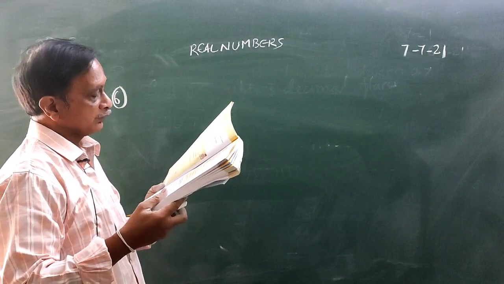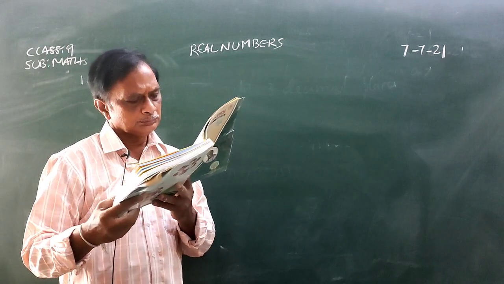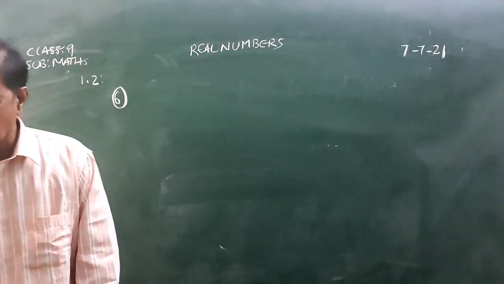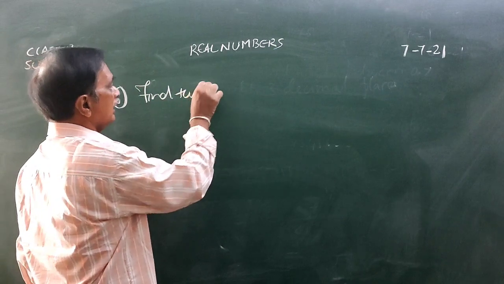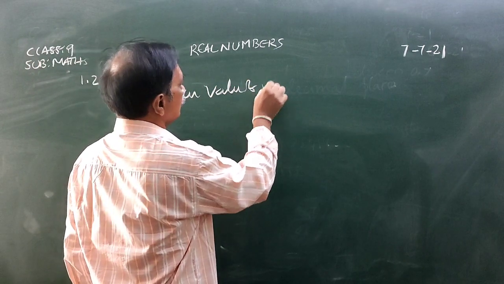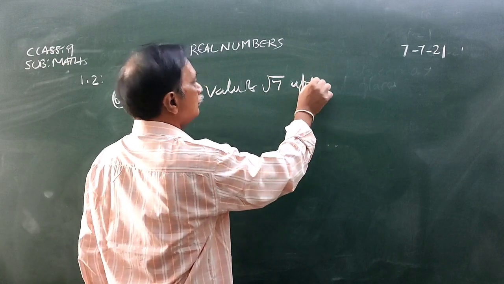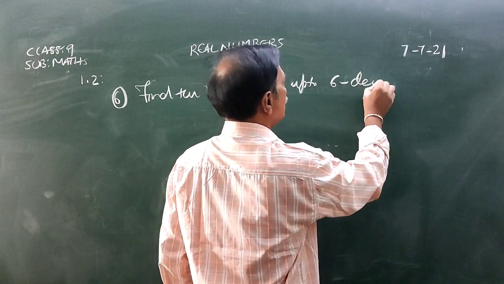Find the value of root 7 up to 6 decimal places by the long division method.